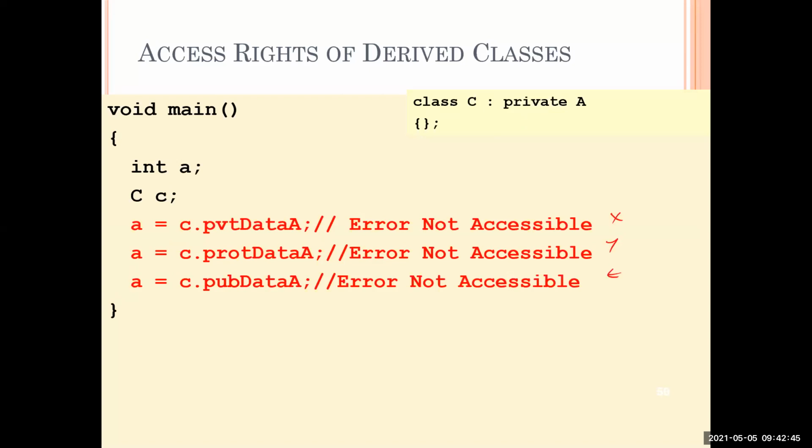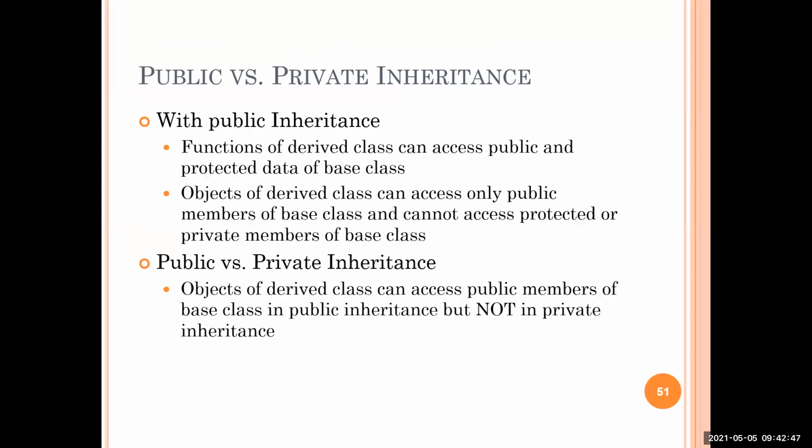So this is where things are changing. Again, with public inheritance, functions in the derived class can access public and protected data of the class. An object of the child class can access only the public members of the parent class. This is what we did with an example, so we are trying to generalize or conclude.